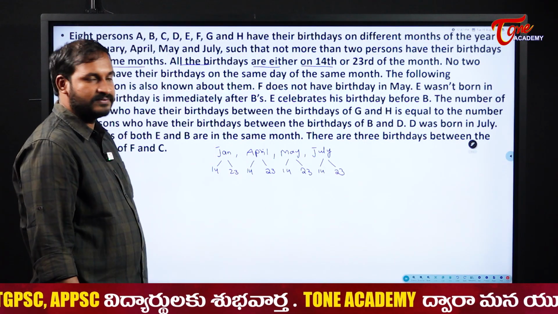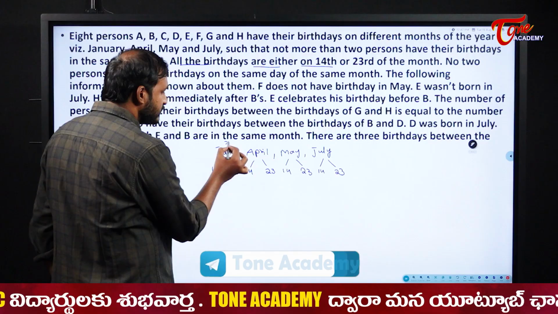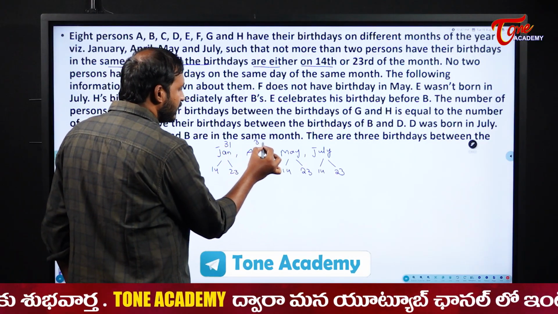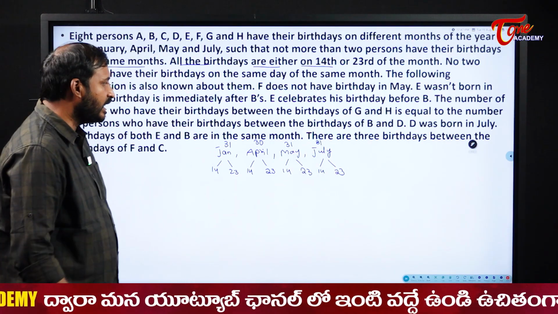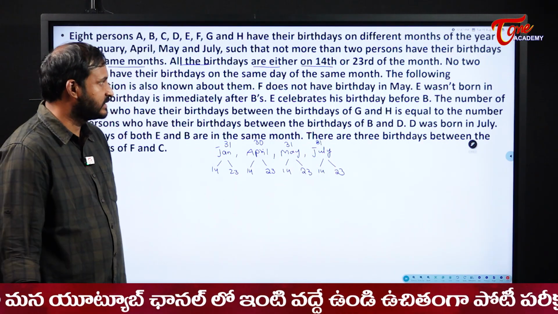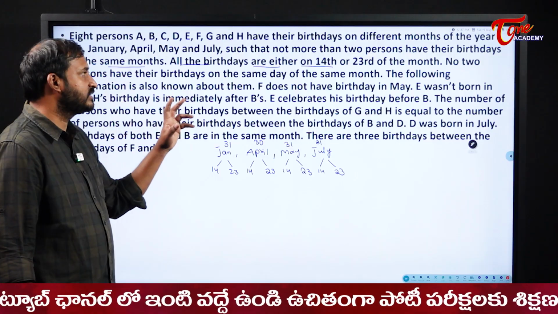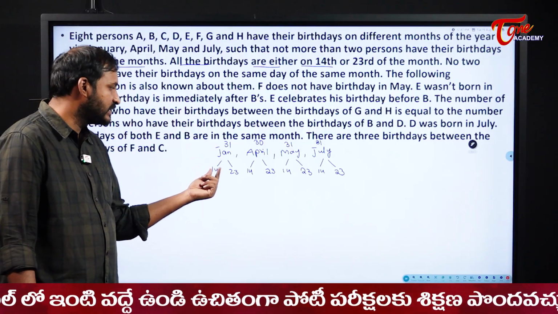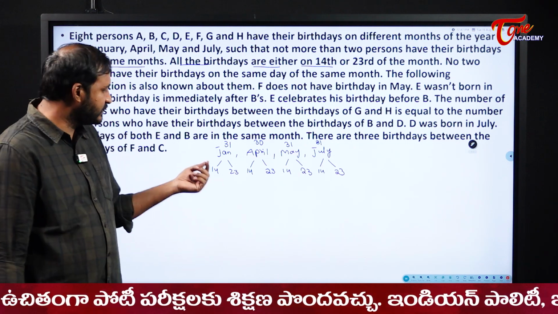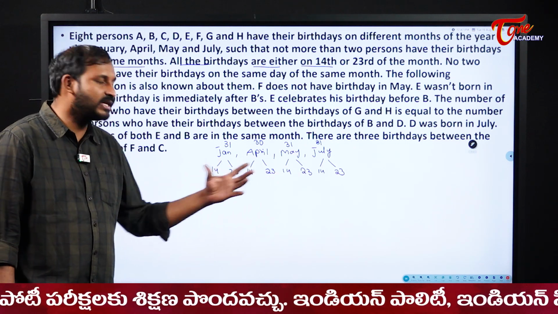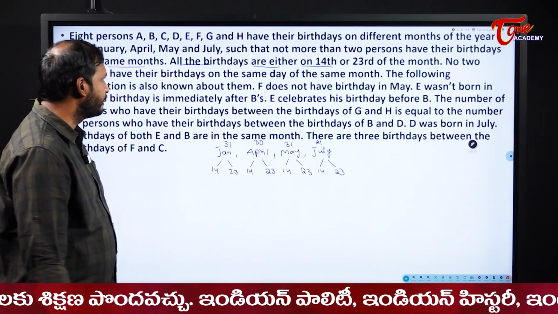So these are the dates for us. The number of days in those months: January 31, April 30, May 31, July is also 31 days, right? No 2 persons have their birthdays on the same day of the same month. That means 8 persons' birthdays will be on 8 different dates, which are 14, 23, 14, 23. So these are the 8 different dates which we have.